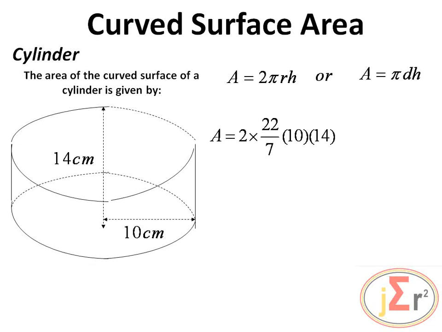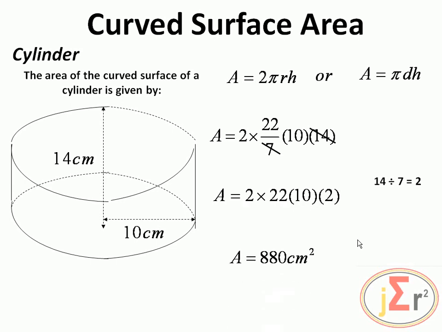So area is equal to 2 times 22/7 times 10 times 14. No problem. 7 into 14 is 2. So we have a very nice and simple problem right here. So we have 2 times 22 times 10 times 2. By looking at the 3 occurrences of 2 in the multiplication, we know we are looking at 880 centimeters squared.